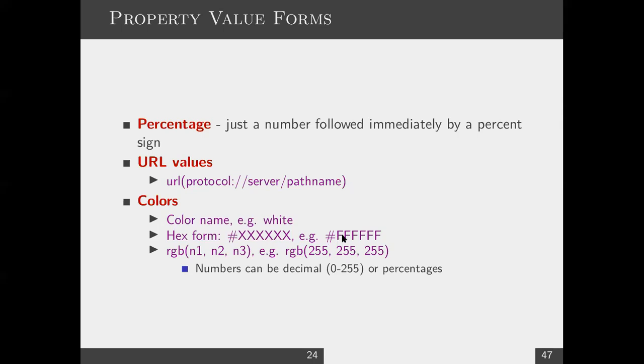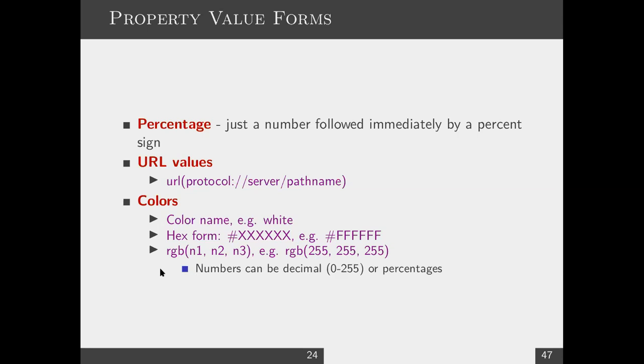So if I find something like F, F, F, F, F, F, the same amount of red, green, and blue, which color do you think this is? So this is white, right? And if I have 0, 0 throughout, that will be black.